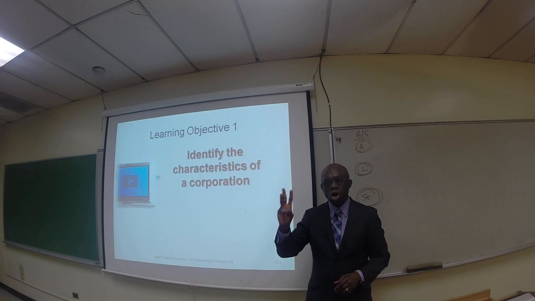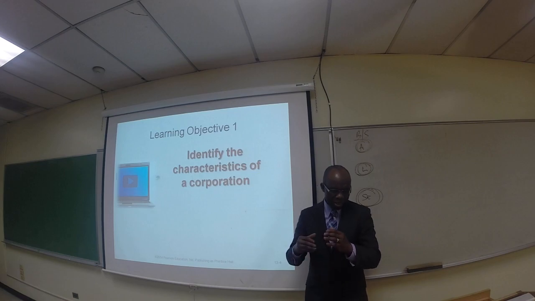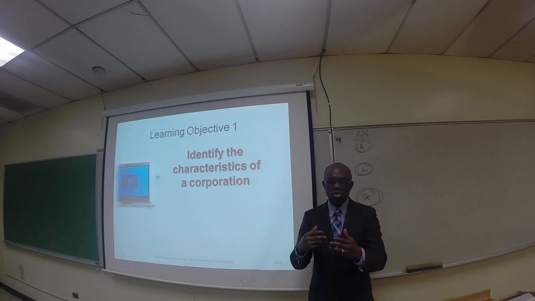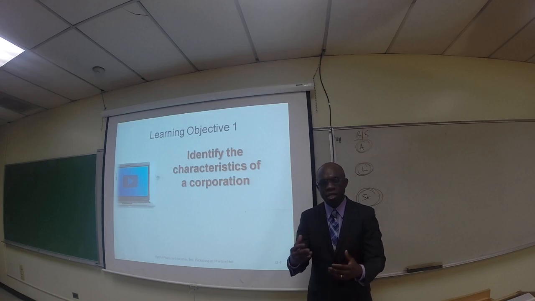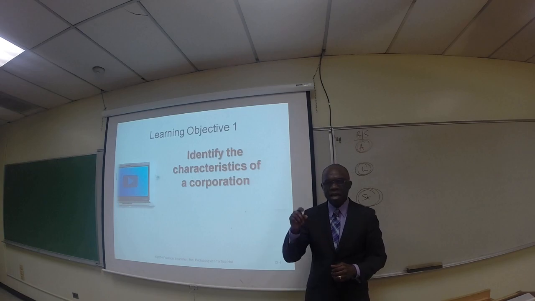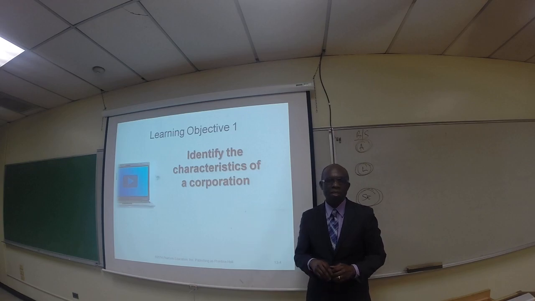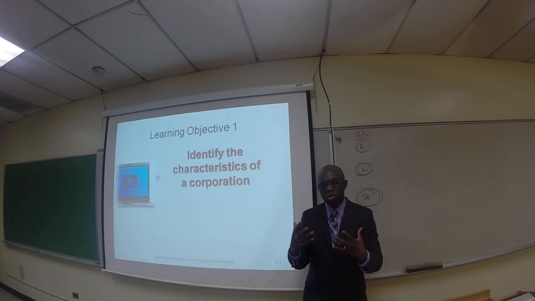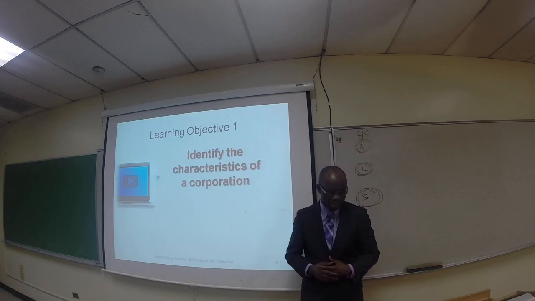And number 3, corporation. We talked about the advantages and disadvantages of these 3 different forms of organizing a business. We also talked about the fact that there are different types of partnerships and different types of corporations. But in a very simplified manner, we have 3 different options for setting up a company.